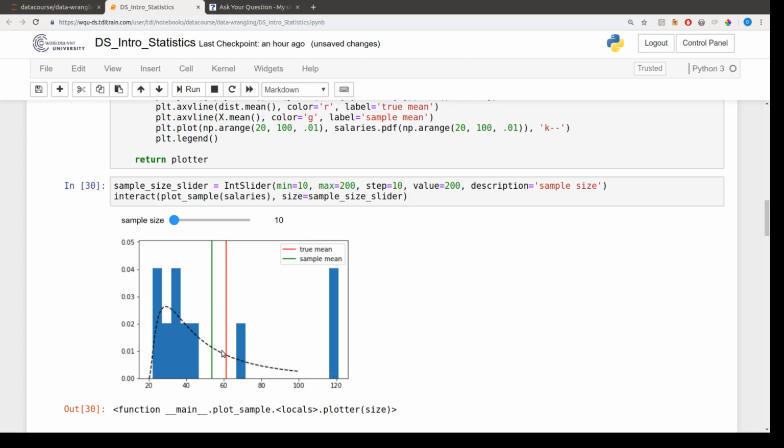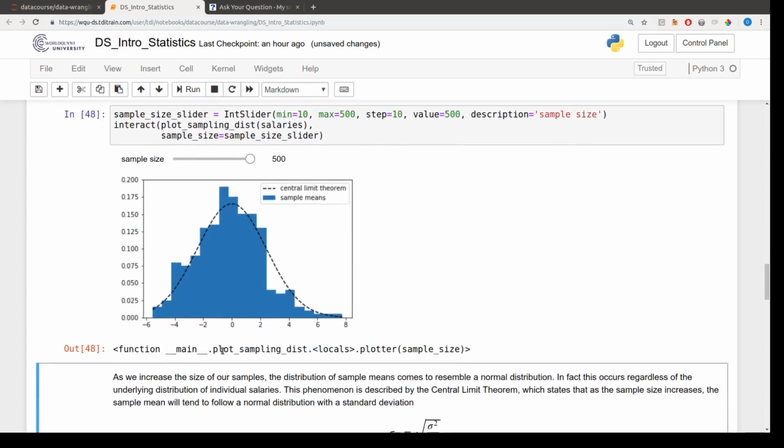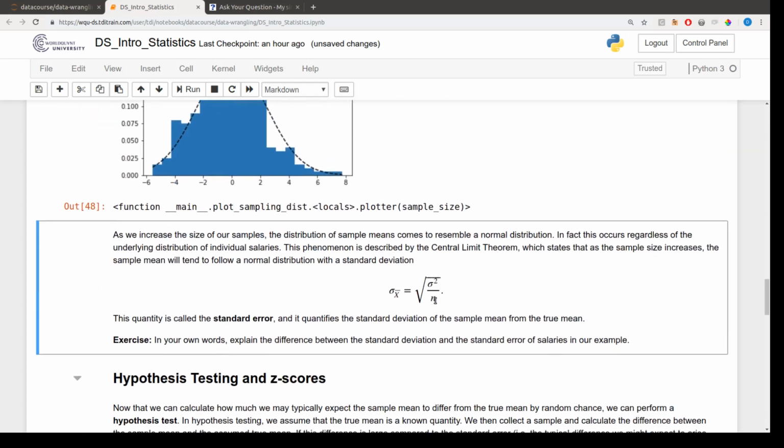So the variance of that distribution divided by the sample size, square root. As the sample size increases, the standard error will decrease, because as this gets larger in the denominator, this whole quantity gets smaller.